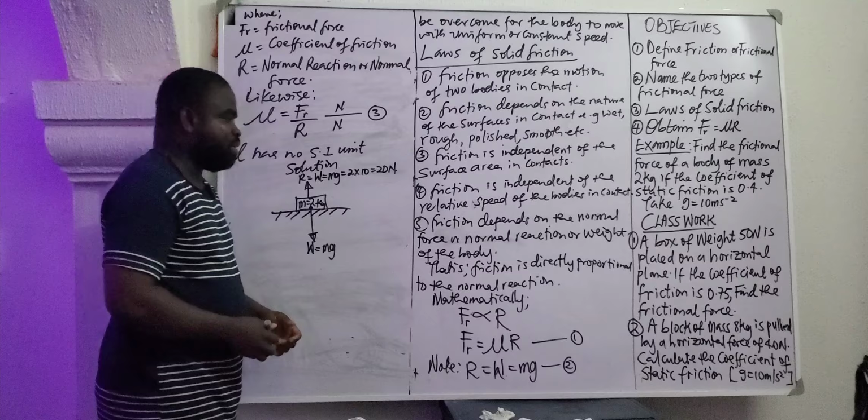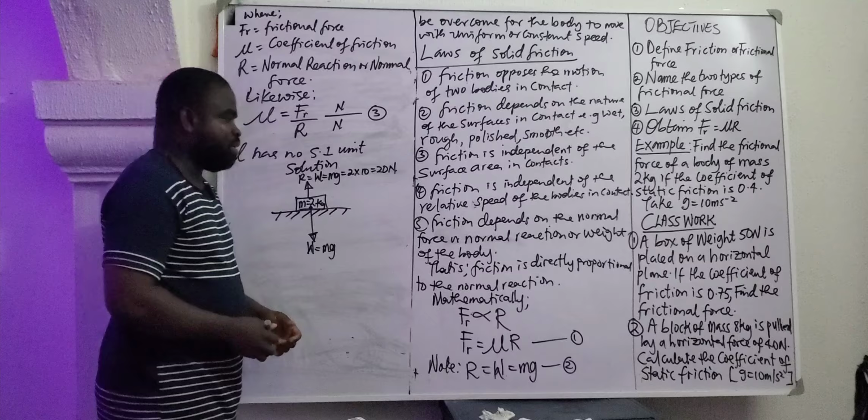This means frictional force, and this means coefficient of friction, while the capital R is the what? Normal reaction or normal force, which I said also represents the weight of the body.